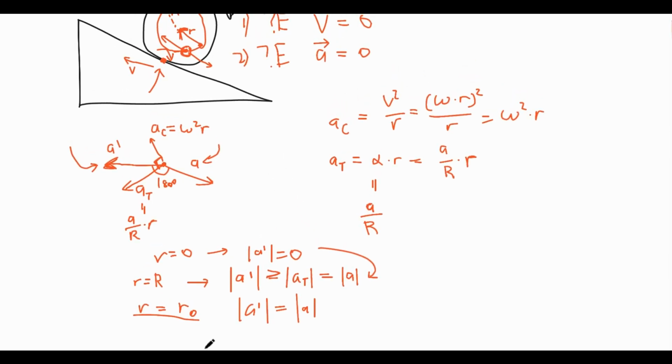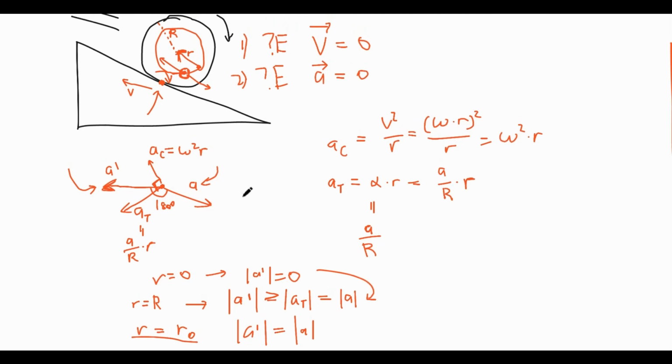So there's going to be only one r0 such that this works. Furthermore, there's only exactly one point on the circle with radius small r such that a prime and a are going to be in completely different directions. So there's actually exactly one point such that the instantaneous acceleration is 0.